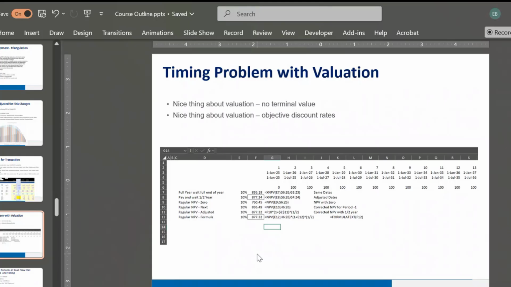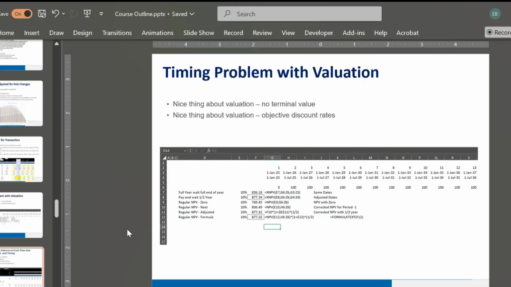But in general, in valuation, there's this little problem of timing. The timing is not consistent between when you buy the assets and sell them. So I'm going to have you do a little exercise to show you how you can make these sorts of adjustments. That applies in all kinds of discounted cash flow issues.